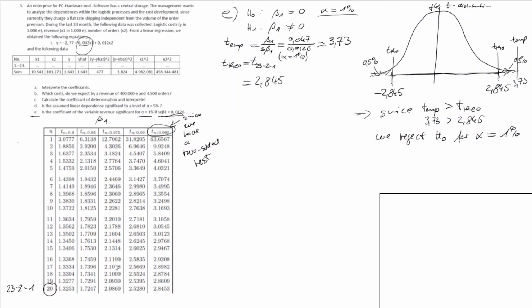Well, in general, you have to be a little bit careful if you have these two-sided tests, because then you should not just learn, well, if my empirical value is larger than, because of course, if we are in the region of minus, then the number has to be less.